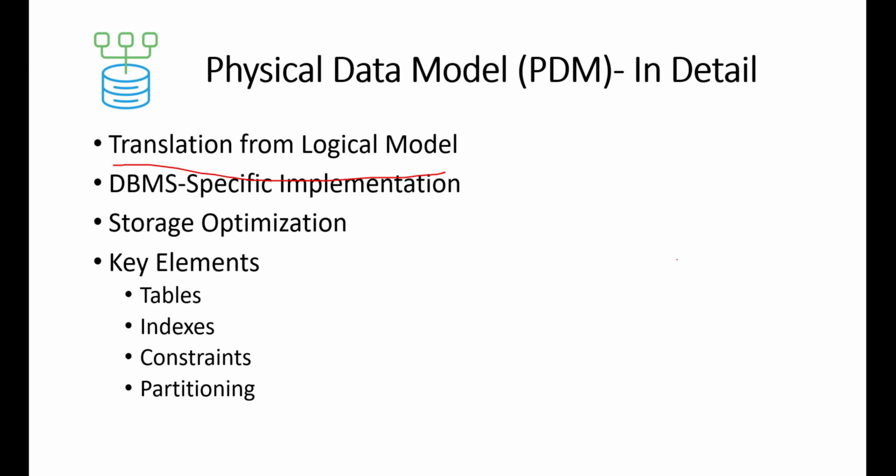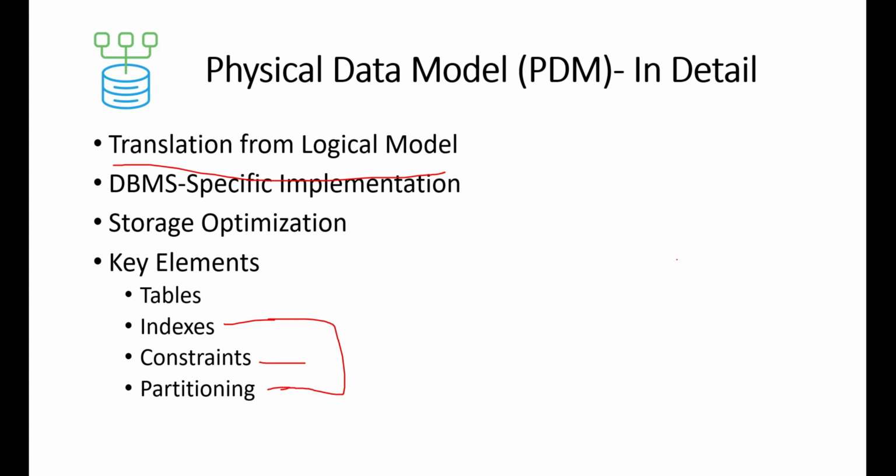There are different criteria for partitioning, and partitioning can improve query performance and facilitate data management tasks such as backup or archival. So as you see, indexes, constraints, and partitioning, especially indexing and partitioning, are important.